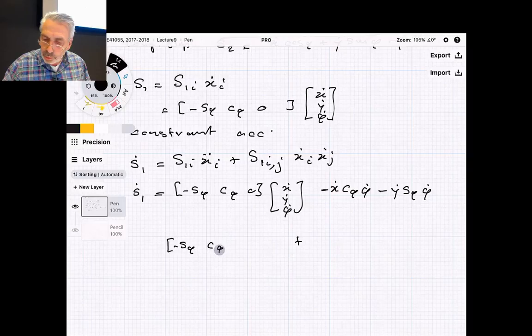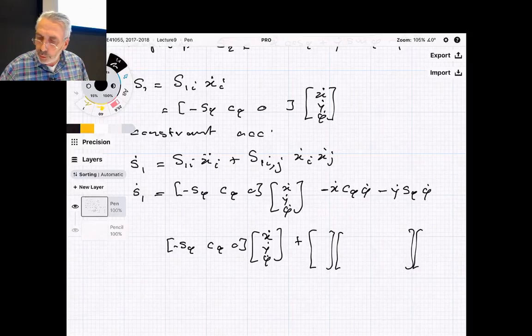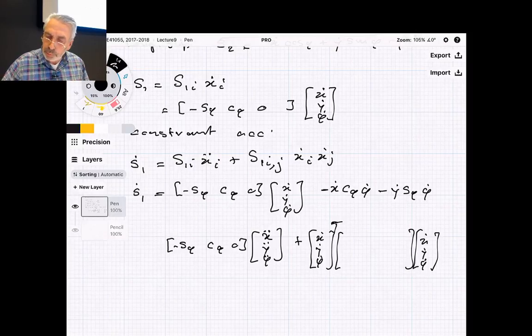I copy this minus sine phi, cosine phi, 0, and here I write x double dot, y double dot, phi double dot, and then this is actually a double product. So I can write it as x dot, y dot, phi dot, here's the matrix, and here also x dot, y dot, phi dot, transpose. And then I just have to fill in this matrix to get all these quadratic terms.